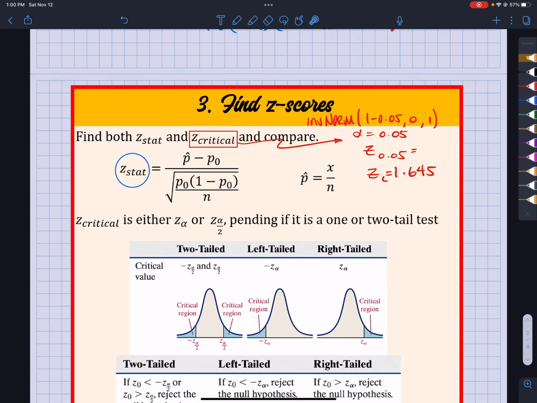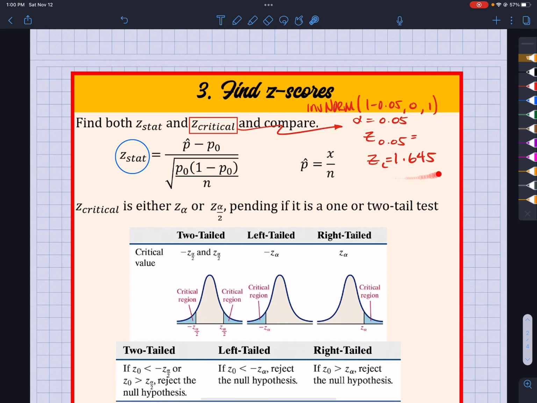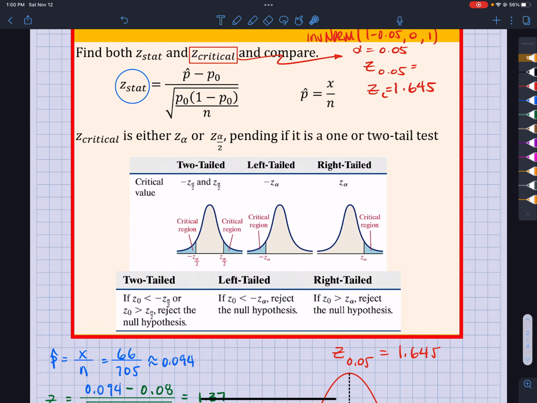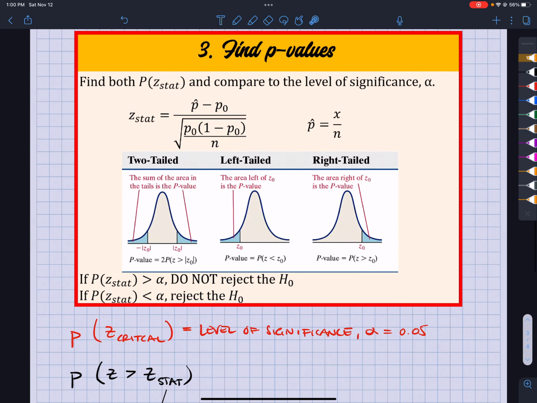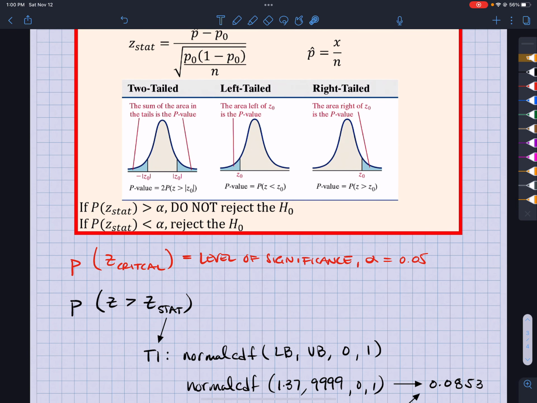I had to convert it to Z so I can compare it to the Z stat. So my alpha is already done. I just have to find the p-value for my Z stat.